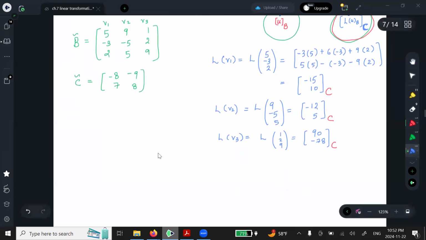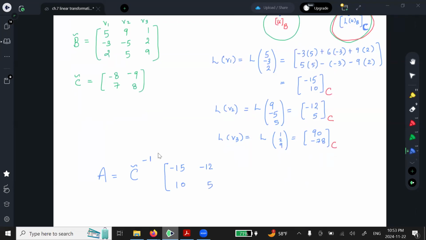So what is the formula for that? So my A will be, in this case, C tilde inverse and multiply by the image of each vector. So 5, 90, negative 78.